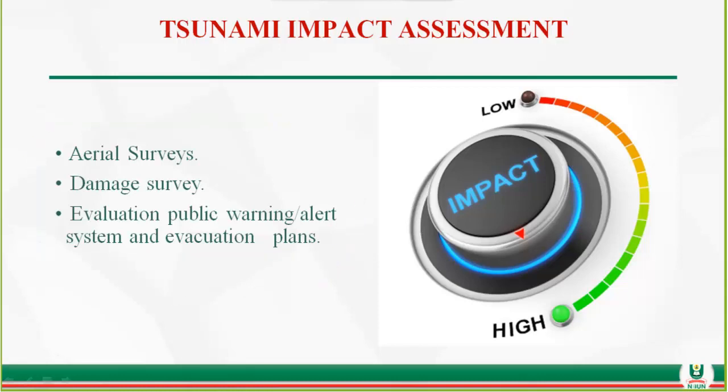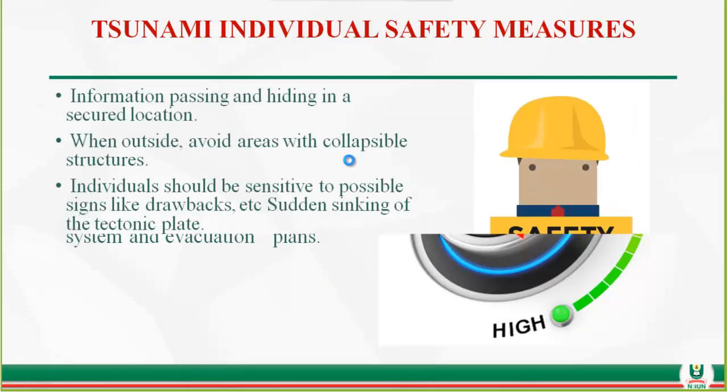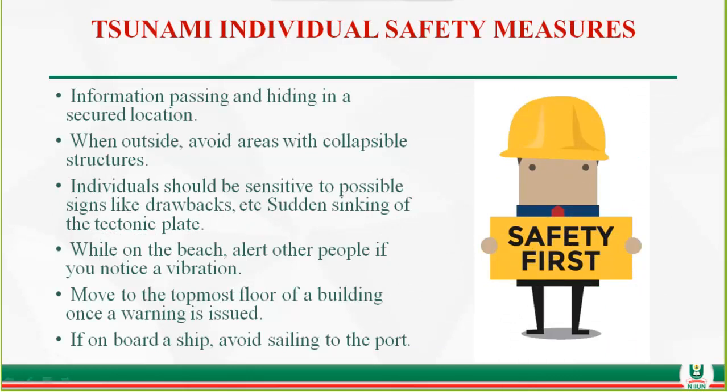Now, what can individuals do to protect themselves? Individual safety measures: what can they do to protect themselves from the event of a tsunami? Information passing and hiding in a safe location.